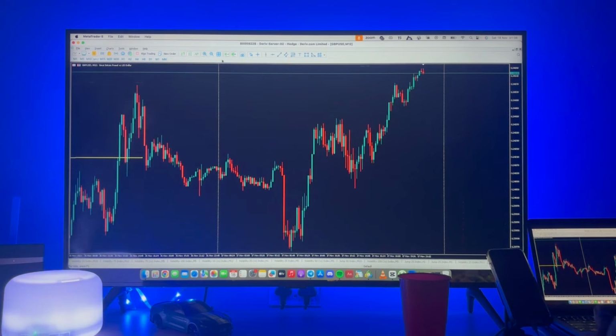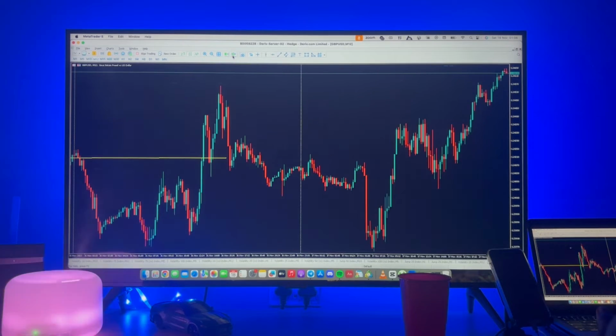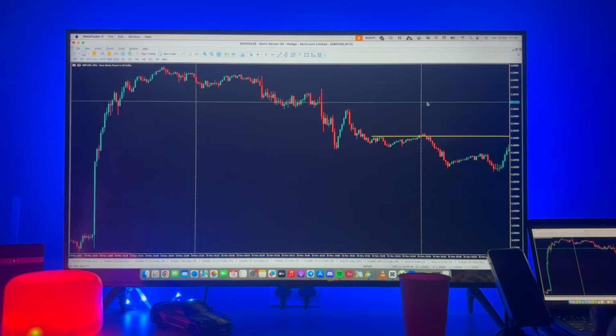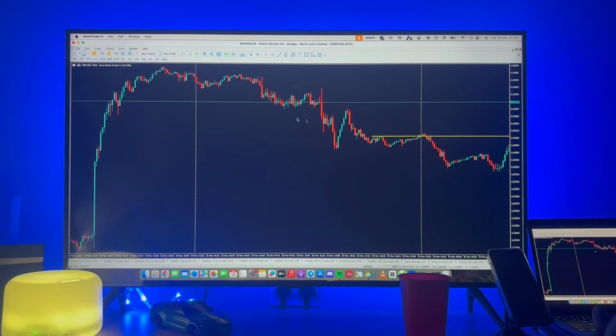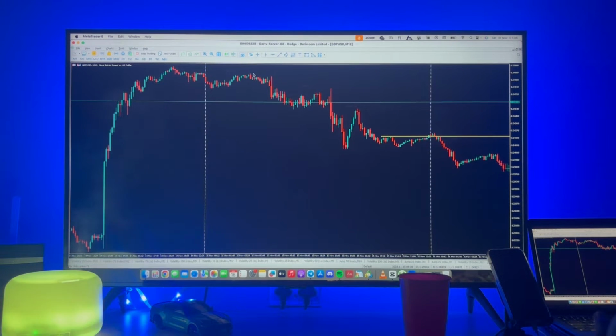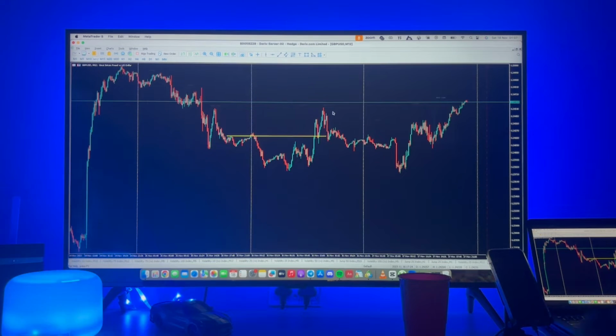Let me try to zoom in because I know the camera might be a bit further. So as you can see here, we have the Tokyo session, we have the London session overlapping with the New York session, right? So yeah, basically that's it.